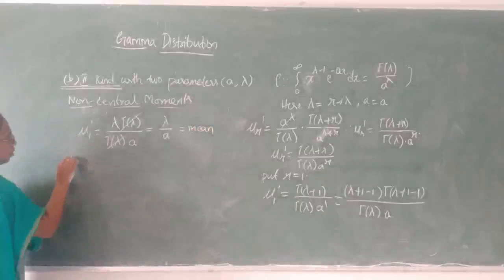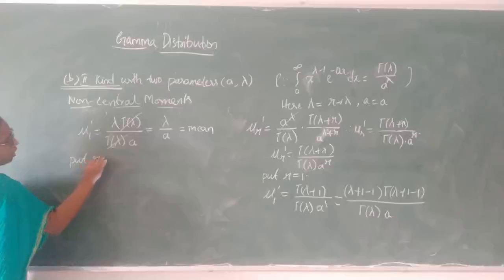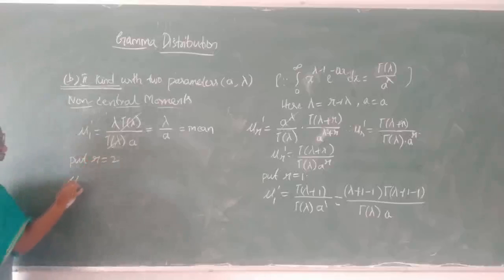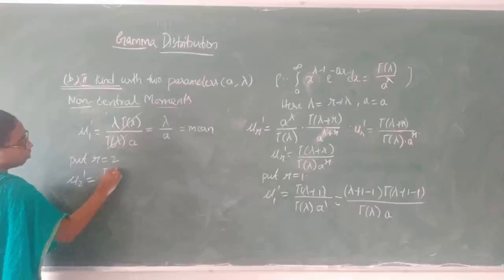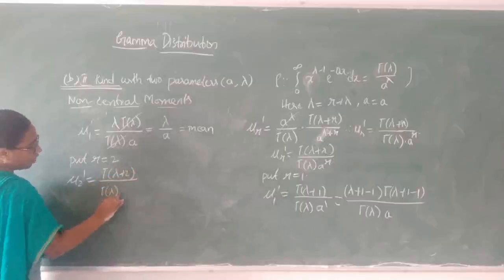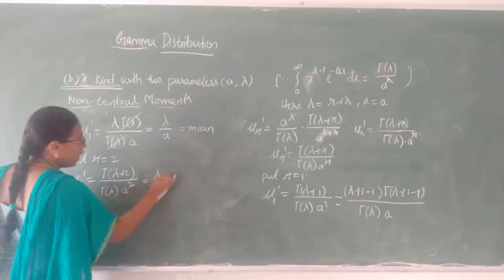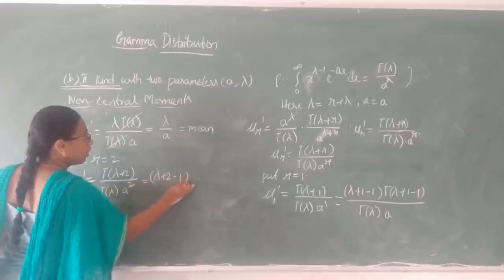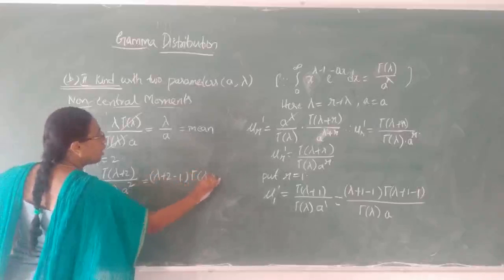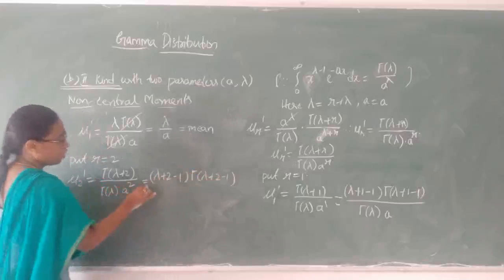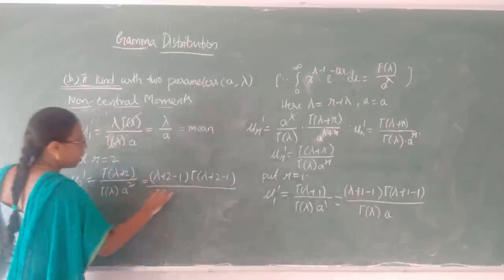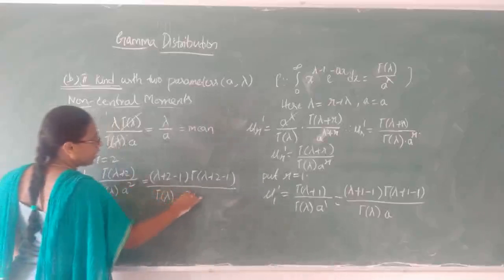Now similarly put r equals 2. So if I put r equals 2, I get mu2 dash is equal to gamma of lambda plus 2 divided by gamma of lambda into a square. So expand this term: lambda plus 2 minus 1 into gamma of lambda plus 2 minus 1 divided by gamma of lambda into a square.